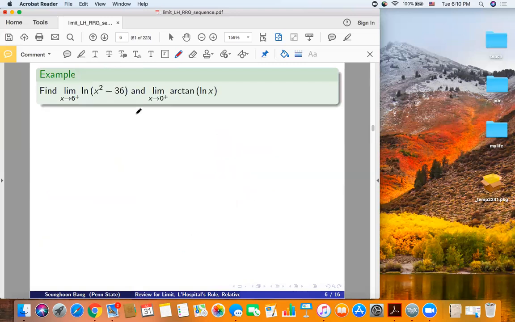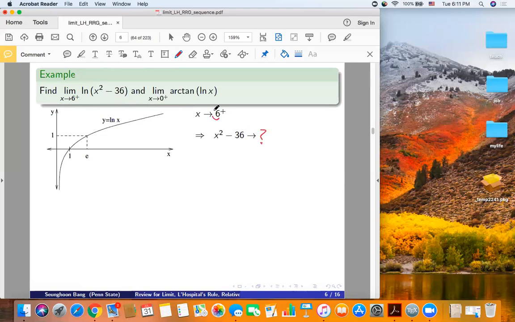The next problem. This is like an ln function, so we can use the graph of ln. Same, x approaches 6 from the right. What happens inside? X squared minus 36 approaches 0.